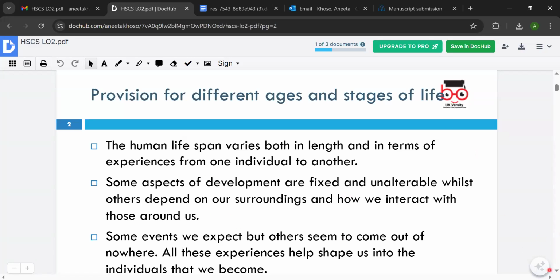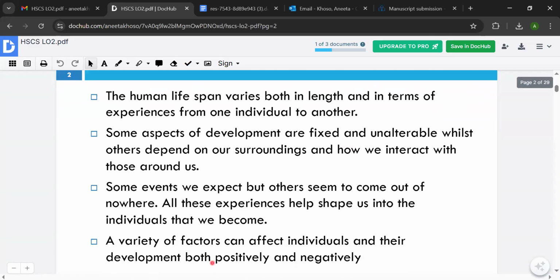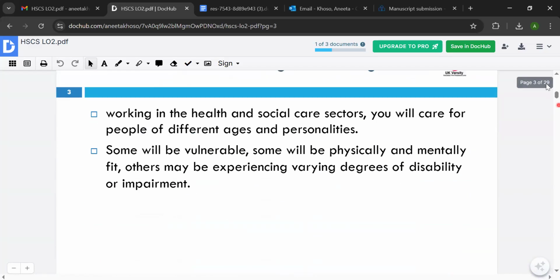So there are different events that take place and shape us into the individuals that we become in the later years, and a variety of factors affect individuals and their development, both positively and negatively.